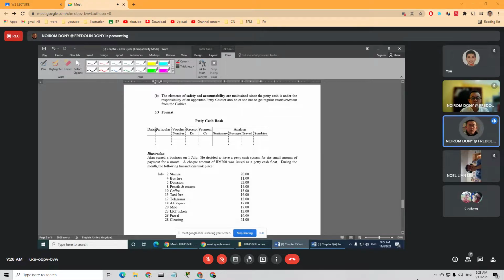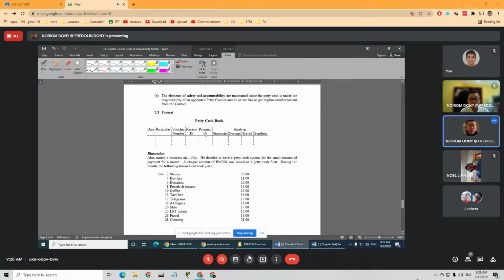Okay, we have a date column, we have a particular column, we have petty cash voucher column, we have receipt column that is representing debit, because a debit item means if it's received money, it will increase the petty cash. If the petty cash makes payment, it reduces, so it will be credited.